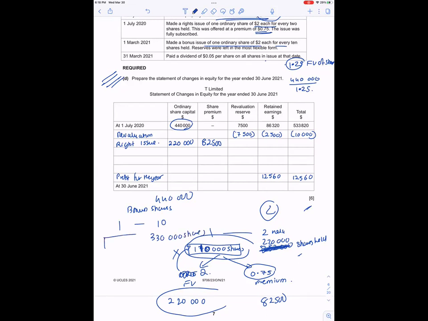So you will do a bonus issue of 33,000 shares at 2 each. So 66,000. From where will you remove the 66,000? From share premium. Capital reserves first.